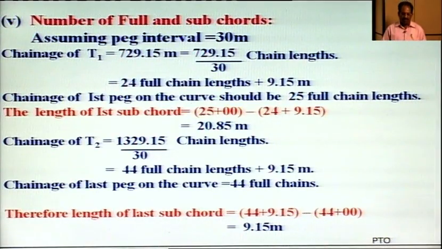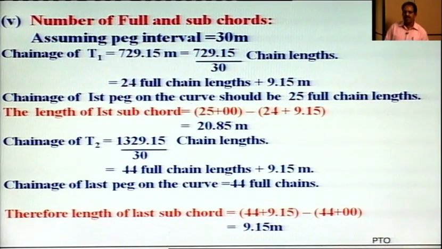So, for answer number 5, the number of full and sub chords, I require your attention. Assuming the peg interval as 30 meters, as we generally keep the peg interval as 30 meters. We have just calculated the chainage of T1 as 729.15 meters, and we will convert this chainage into chain lengths by dividing by 30.